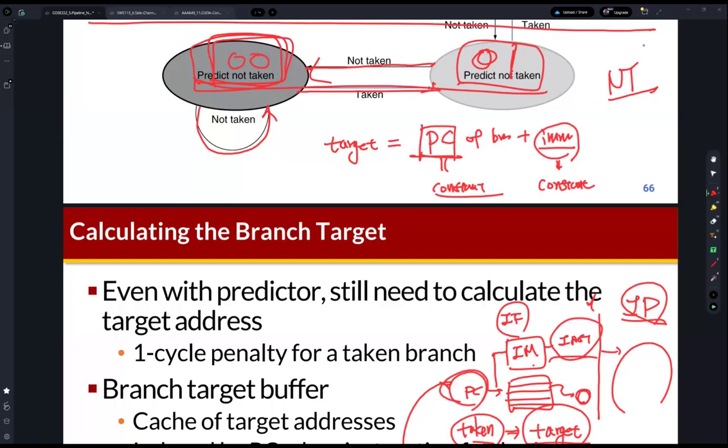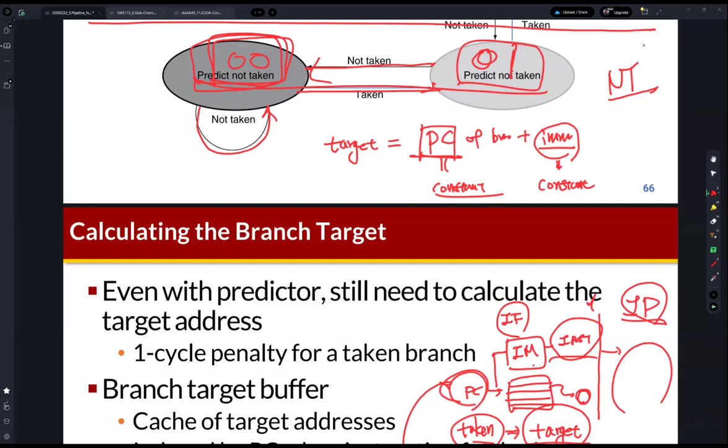Actually, PC is the ID of the instruction, so each instruction has its own program counter value. So the program counter value is constant for a certain branch instruction, right?